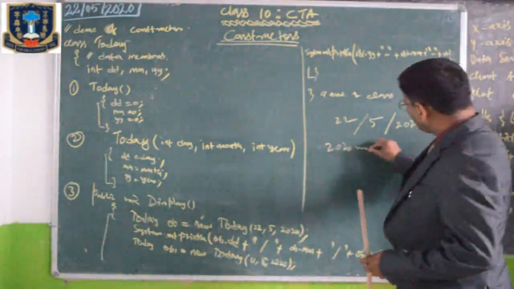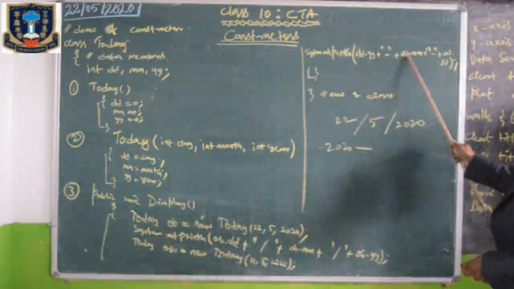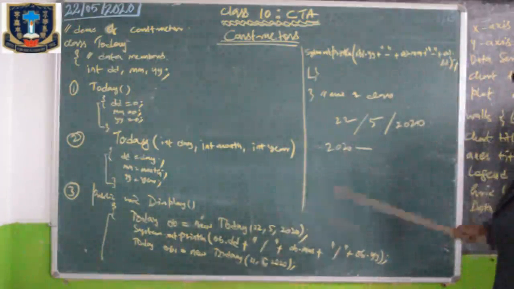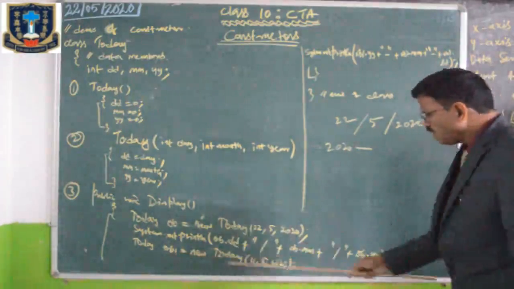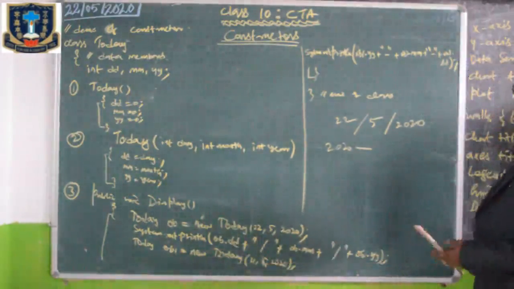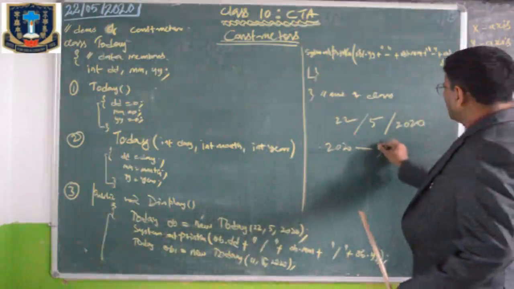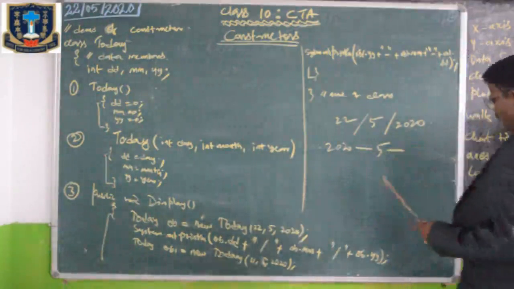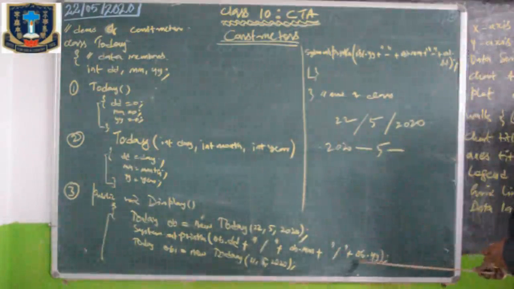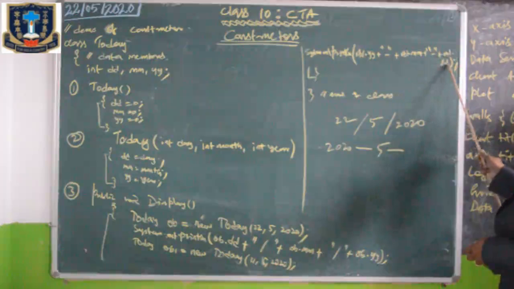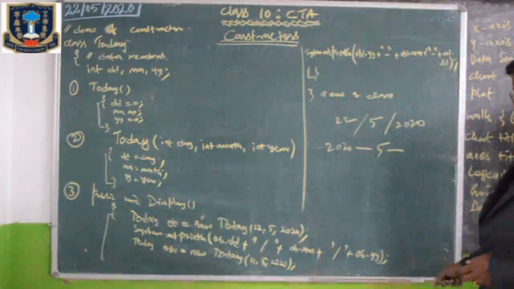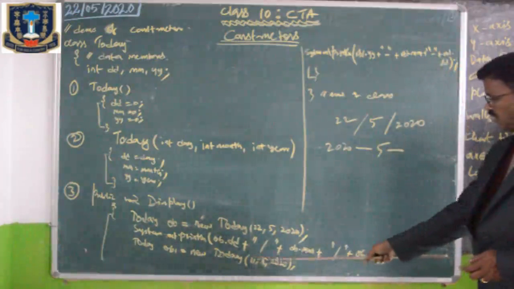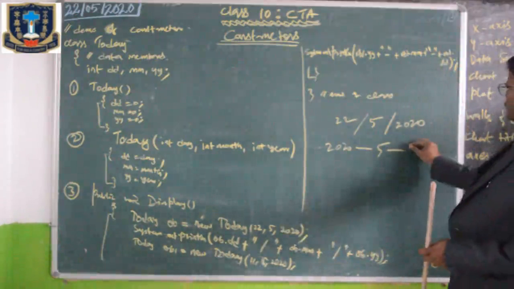A hyphen will be printed. And ob1 of mm. Just now I created ob1. What is the second parameter? 5. I adjoin this hyphen. Then ob1.dd. What will the dd value be? 31.